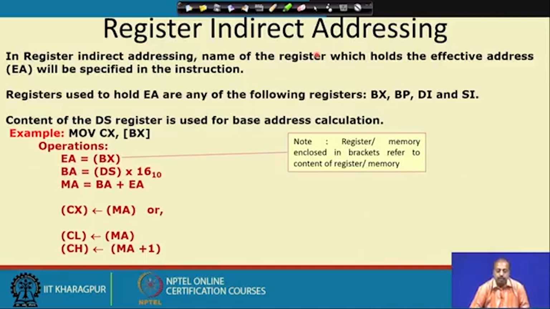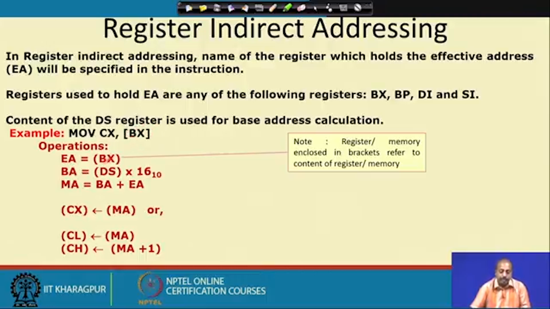Next, we will look into something called register indirect mode. A register will be used to give the address whose content will be accessed by the processor. In register indirect mode, the name of the register which holds the effective address will be specified in the instruction itself, like we are writing MOV CX, [BX].